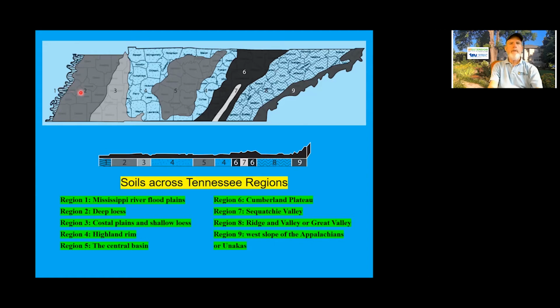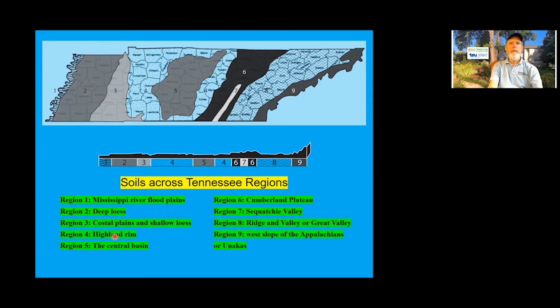There's an area in region 2 where it's deep, and that's where you see a lot of the soybean and cotton fields over there. A lot of agriculture, soybeans are growing quite heavily, even in number 3, where it is shallow. We'll talk about loess, which is basically a wind deposit.